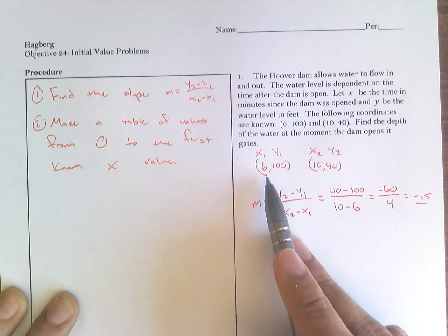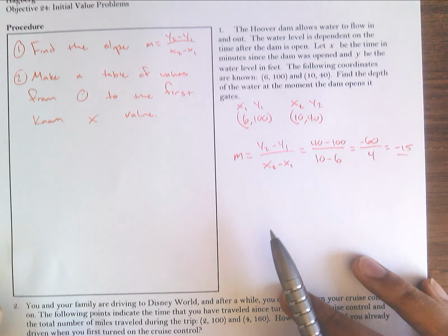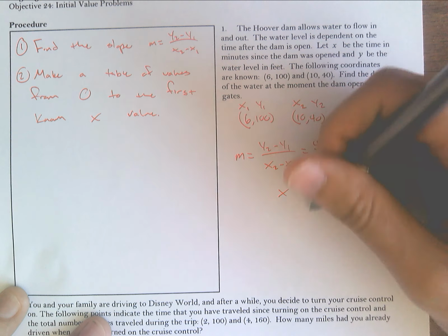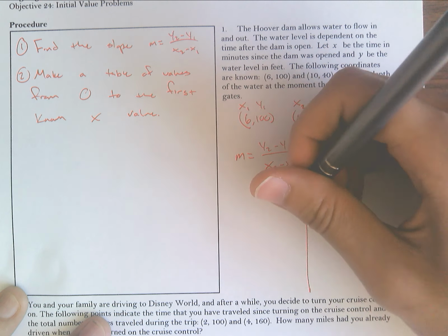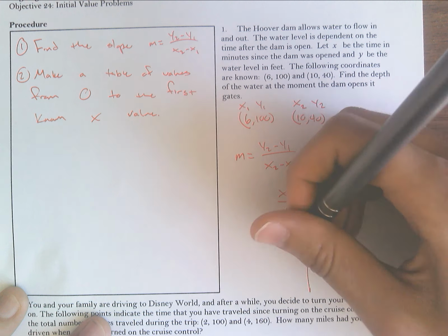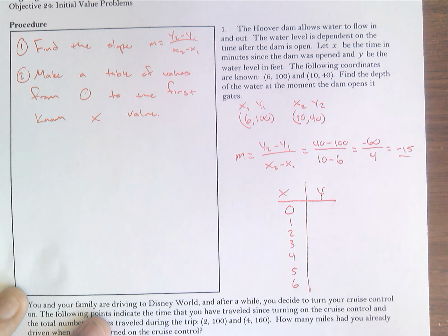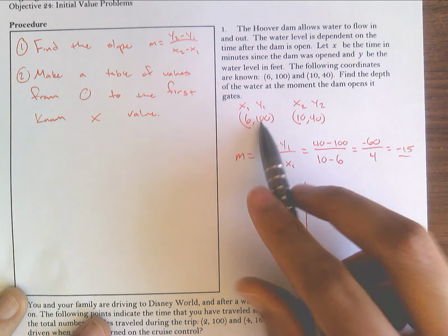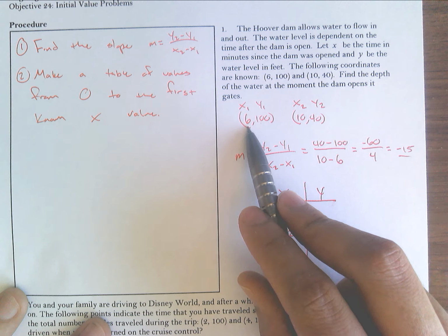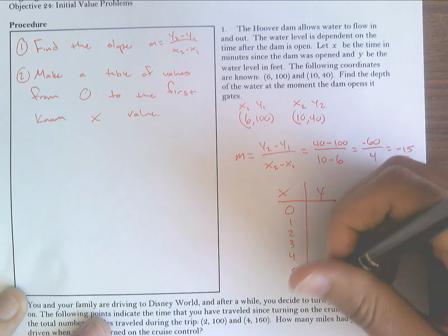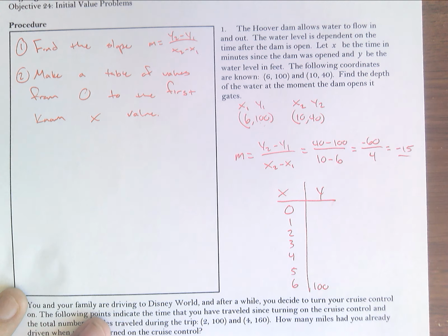The first one is 6, so we're going to make a table of values, x, y, from 0 to 6: 0, 1, 2, 3, 4, 5, 6. We plug in what we know. At 6 minutes, the depth is 100 feet, so in our table we plug in 100 where x equals 6.